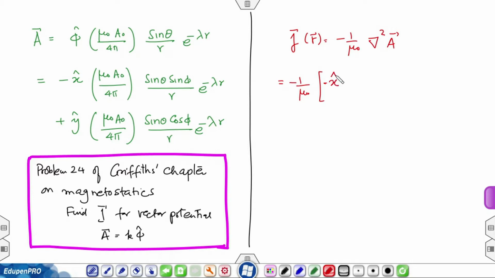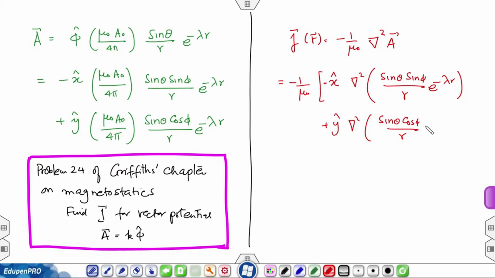In the x direction, I will have del square of sin theta sin phi over r e raised to minus lambda r, and in the y direction, I will have del square of sin theta cosine phi over r e raised to minus lambda r, multiplied by mu 0 A 0 over 4 pi.